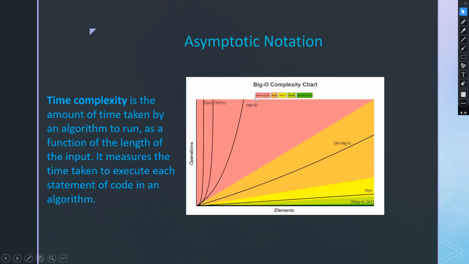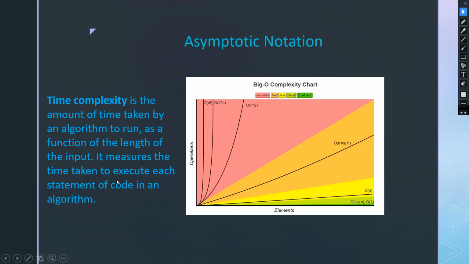Asymptotic notation. This is a very important term. The main idea of asymptotic notation is to have a measure of the efficiency of an algorithm. Asymptotic notation gives us an idea of how good our algorithm is compared to other algorithms. Time complexity is the amount of time taken by an algorithm to run as a function of the length of the input.